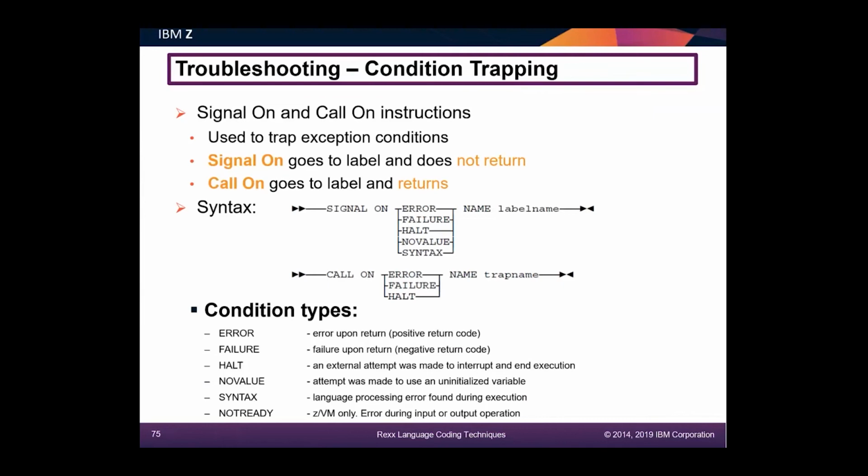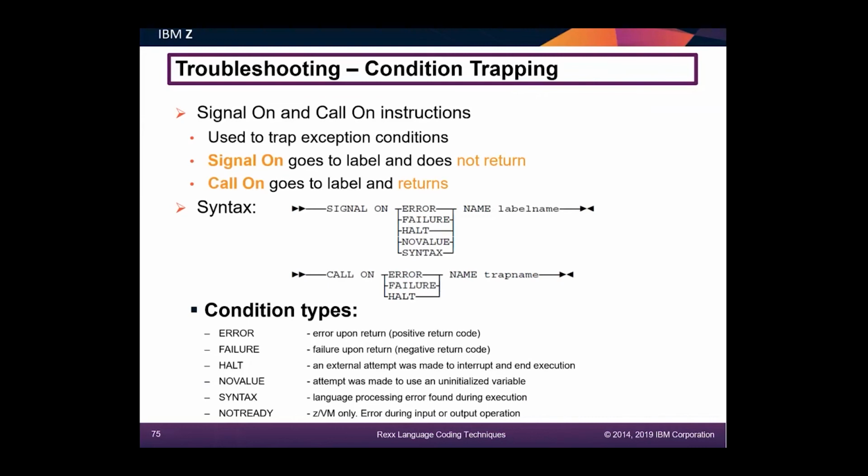So the signal on or the call on instruction would typically be something you put at the start of a program, and you would say signal on and then one of these error condition types, right? So if I have a syntax error, I would say signal on syntax, and then where do I want to go in the program if I have a syntax error? Instead of just ending the program with this syntax error, I could actually go to a subroutine in the program and do some kind of processing before the program exits.